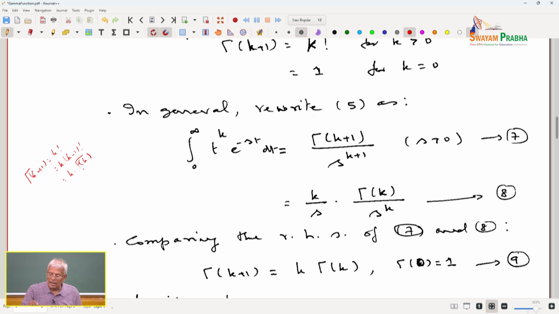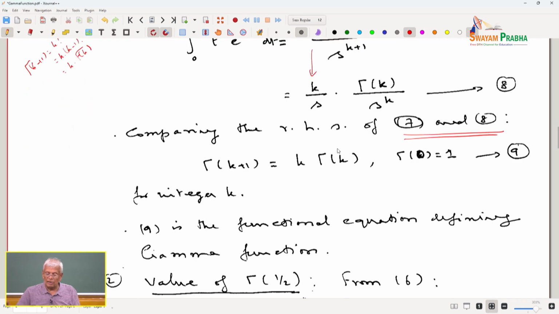Therefore, I can rewrite this as k times gamma k divided by s to the power of k. I hope you get that. So, comparing the right hand side of 7 and 8, I get the relation gamma k plus 1 is k times gamma k, gamma 0 is 1 for any integer k.